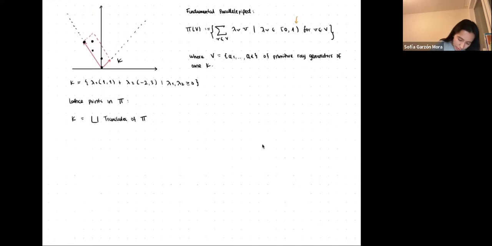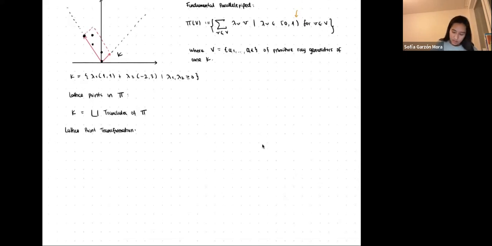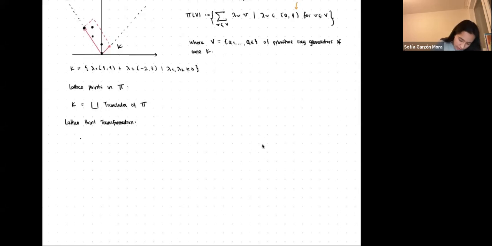But what is its lattice point transformation then? What was the lattice point transformation? Well, we can start by writing the points on the fundamental parallelepiped as the sum over J and K, and I'm using K a lot, but hopefully it's not that confusing, of C to the M, or I'm going to call it T to the M to just be consistent with the variables.